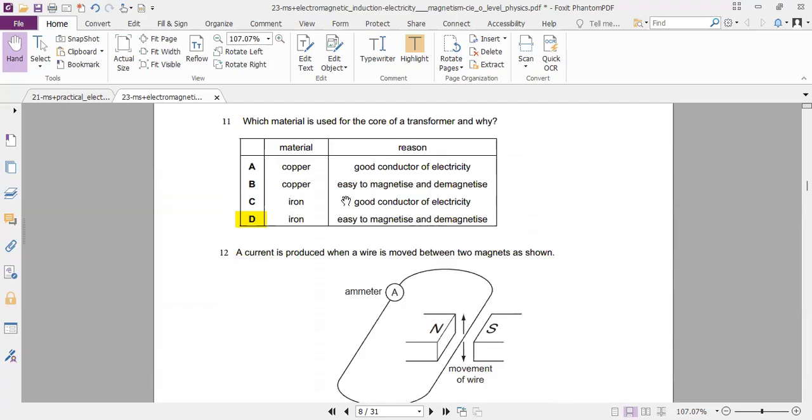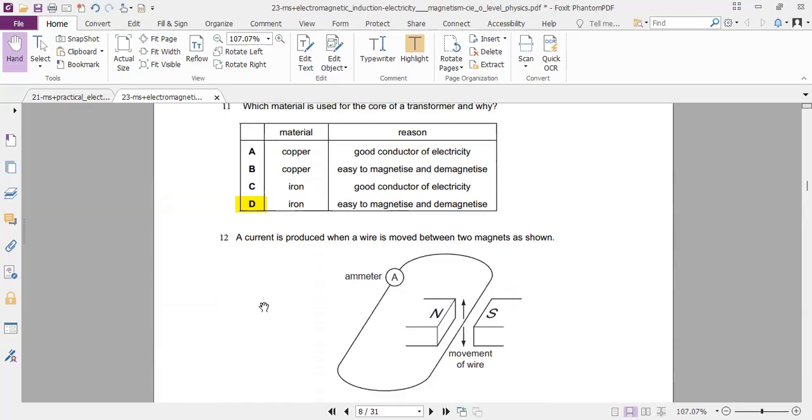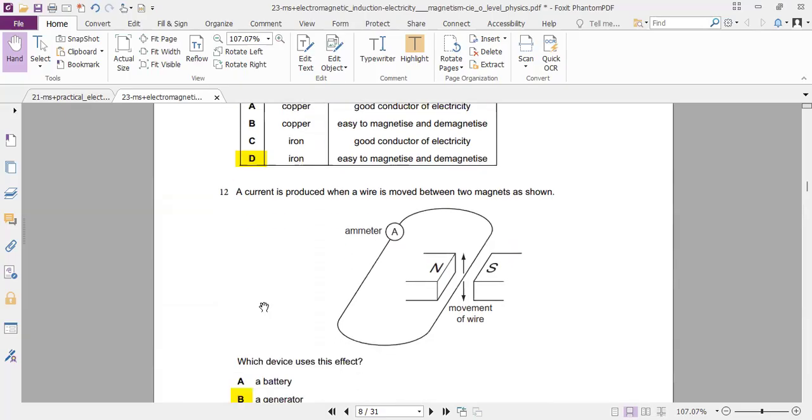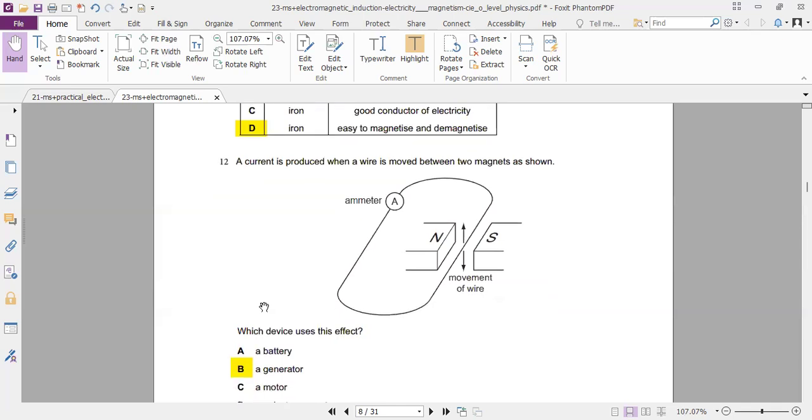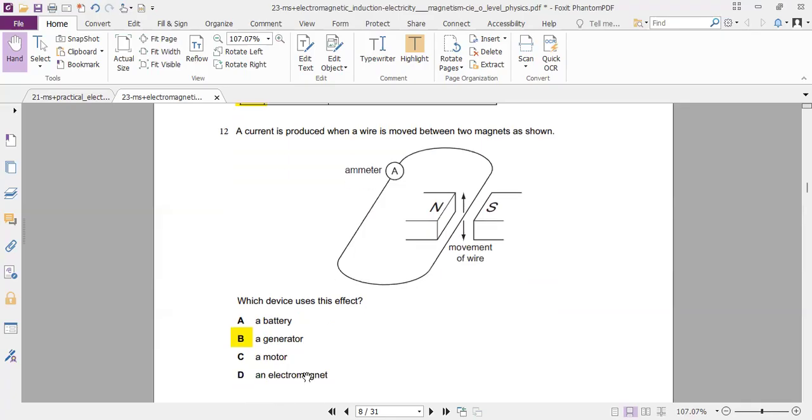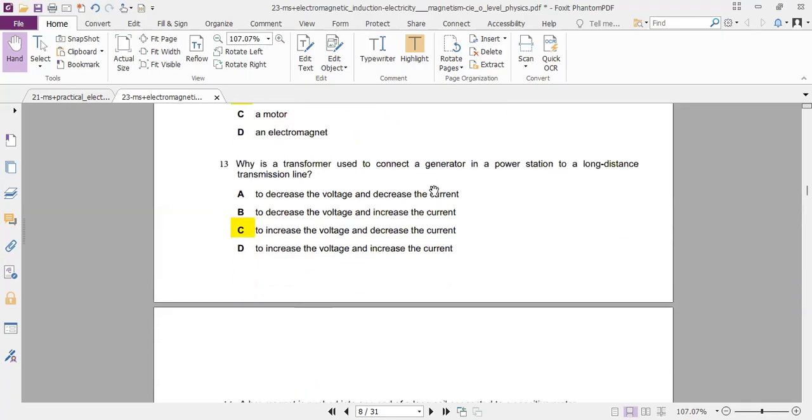The core of a transformer uses iron because it is easy to magnetize and demagnetize, which makes it possible to induce the voltage in the primary. Current is produced when you move the coil, that's a generator. Why do we need a transformer?